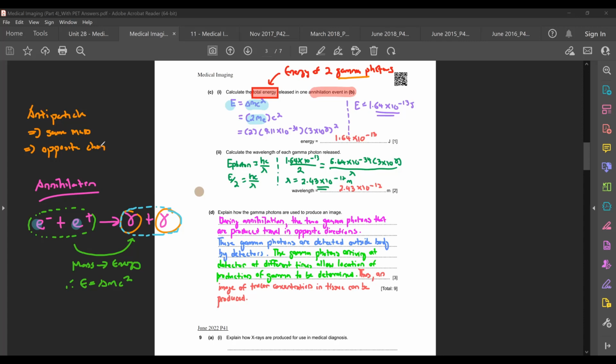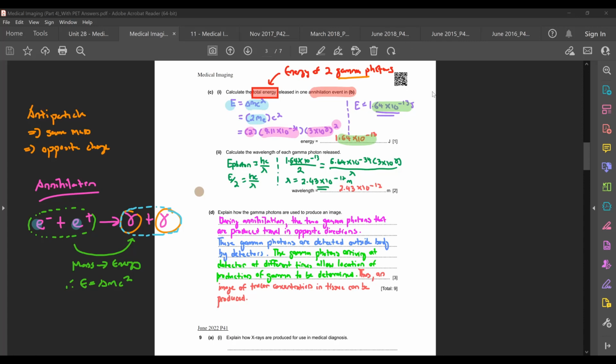You can just use the mass of an electron. So this is 2 times 9.11 times 10 power minus 31 times 3 times 10 power 8 squared. You will get the final answer as 1.64 times 10 power minus 13 joules. So this is for C part 1.